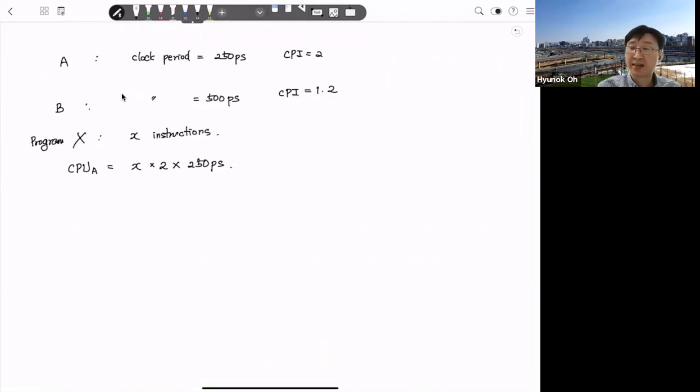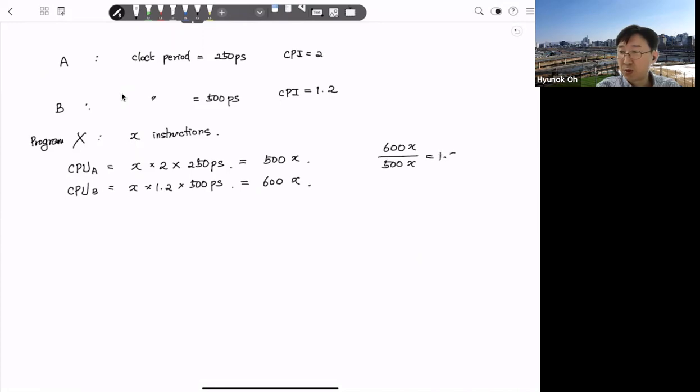That's the CPU time on A. CPU time on B is X, CPI is 1.2 and 500 picoseconds. So this is 500X and this is 600X. So it means it's 1.2. So A is faster than B by 1.2 times. Okay.